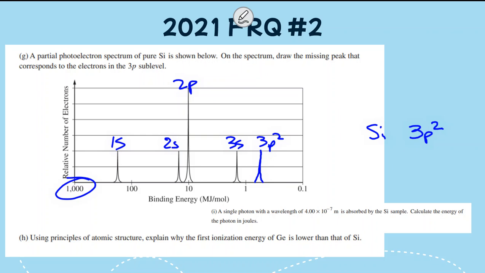Using the principles of atomic structure, explain why the first ionization energy of GE is lower than that of SI. Now looking at our periodic table, GE is just below silicon, okay? So GE has a lower ionization energy. First thing I would say is GE has 4 principal energy levels.